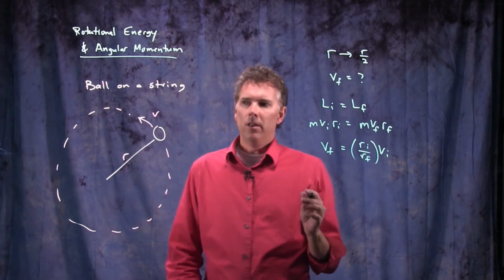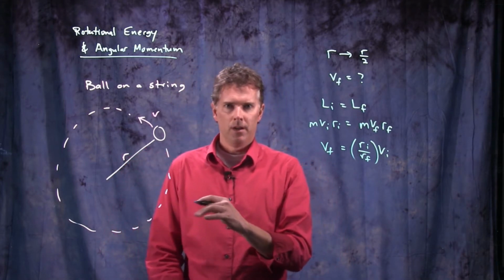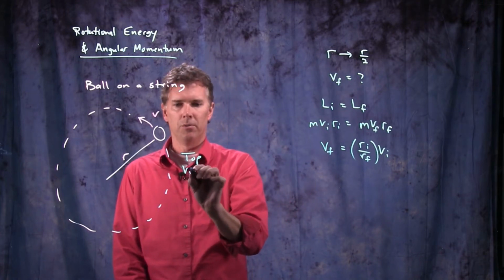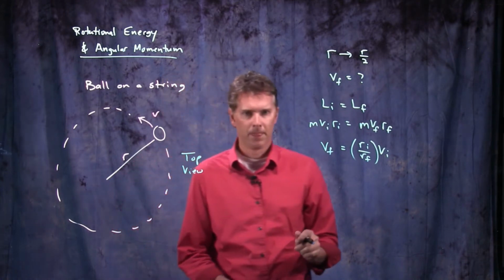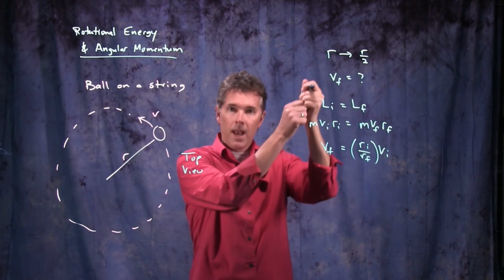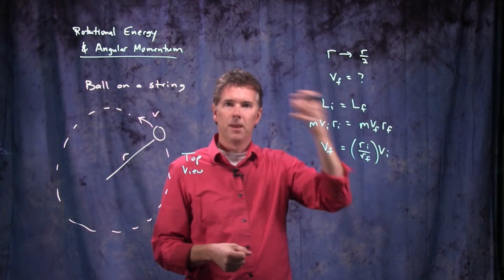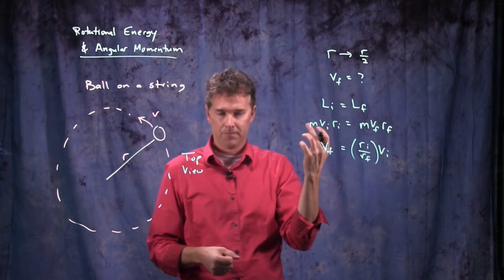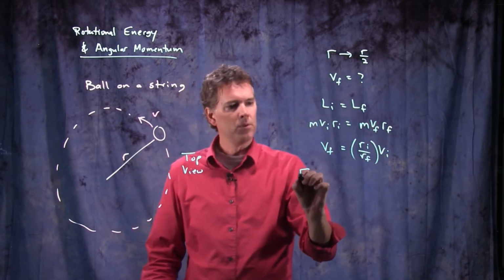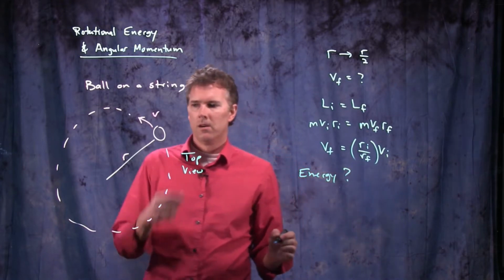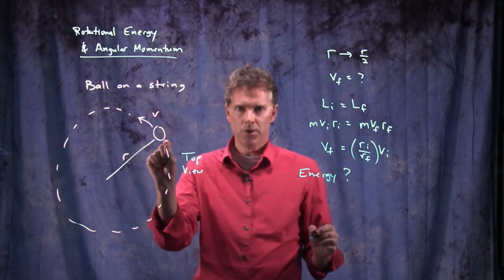So what about the energy, right? If you're swinging this ball around, and this is the top view, so we're swinging it in a horizontal circle. If you swing the ball around and now you pull down on the string, the ball starts spinning faster and faster. What happens to the energy? Well, we know what energy is.